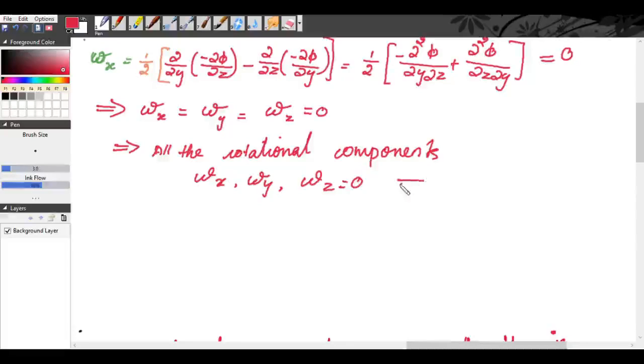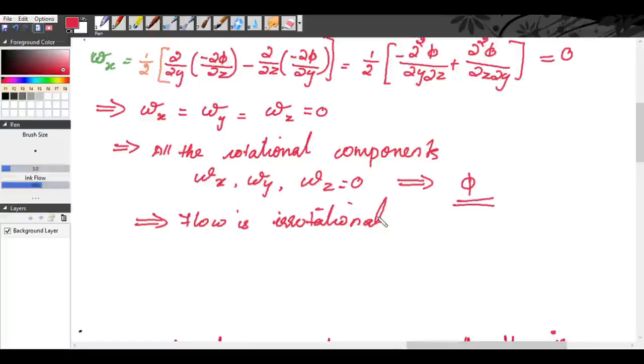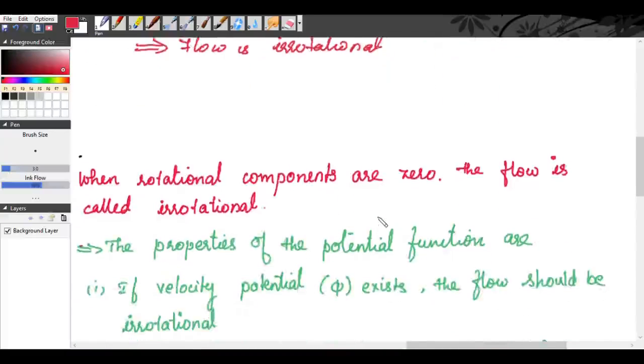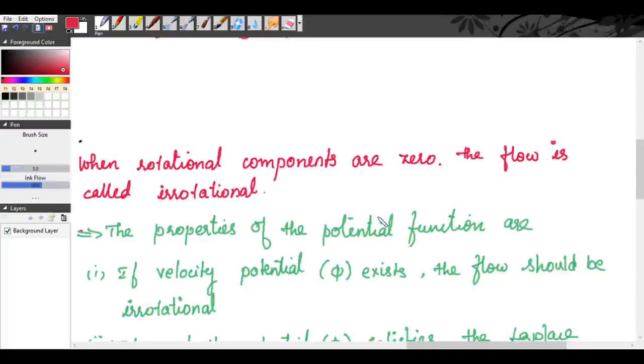This is equal to 0 when we have substituted the value for pi, when we have substituted the velocity components in terms of the potential function. That means if the potential function exists, your flow is irrotational. Okay, so from this what can we conclude? When the rotational components are 0, the flow is irrotational.